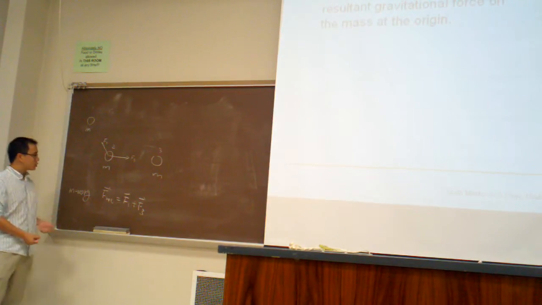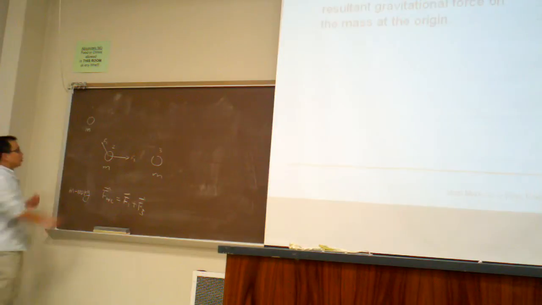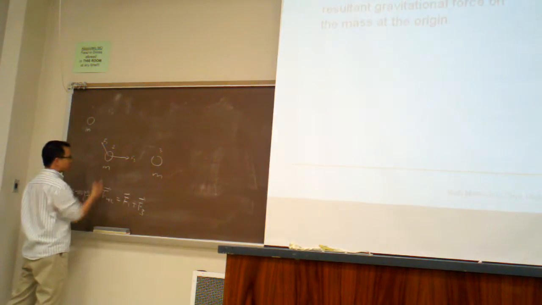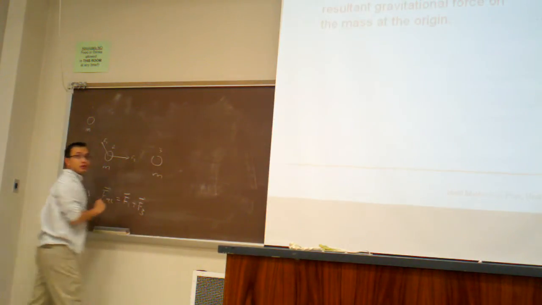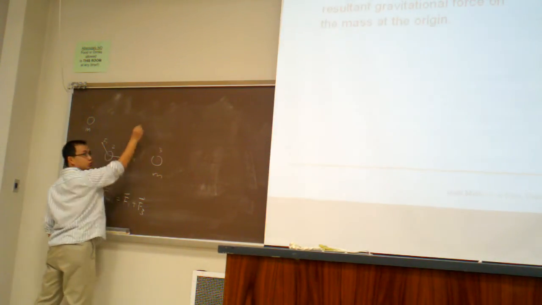Because we are calculating the gravitational force, you only consider the forces among the three masses. I don't even tell you where the Earth is. You cannot find the weight. If the Earth is in that direction, then the weight would be in that direction.